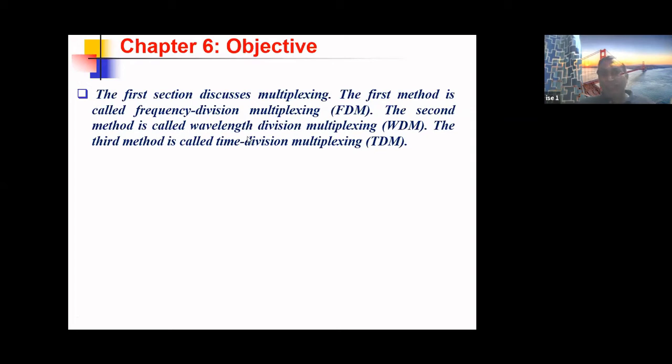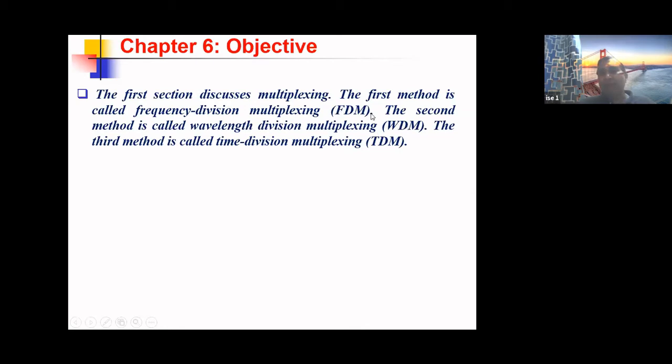So only this particular time division multiplexing is used for multiplexing digital signals. The remaining, frequency division multiplexing and wavelength division multiplexing, are used for multiplexing analog signals.